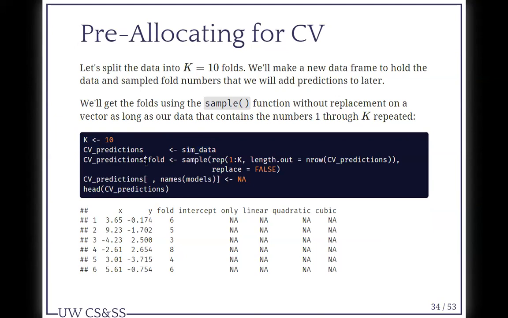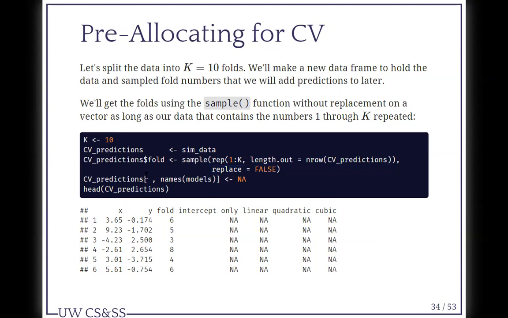Then we will create a new column called fold that takes a sample of repeating the numbers 1 through our K, 10, that is as long as the amount of rows in our cross-validation predictions data frame. And replace equals false so that it samples 1 through 10 until there's none left in the bag, and then starts over for 11 through 20, and so on for the length of our data frame.